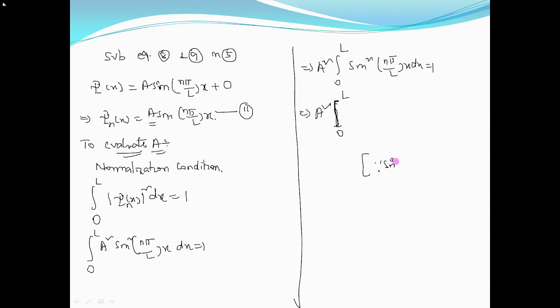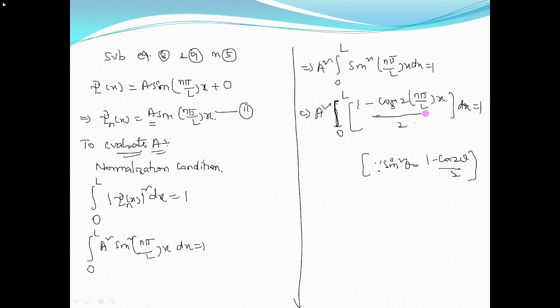I can write sine squared theta as 1 minus cos 2 theta by 2. So the integral 0 to L of 1 minus cos 2 n pi by L into x, divided by 2, into dx is equal to 1.